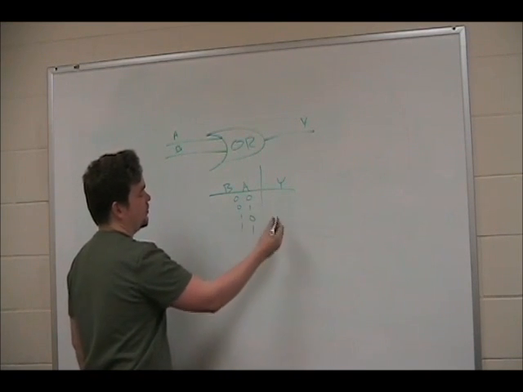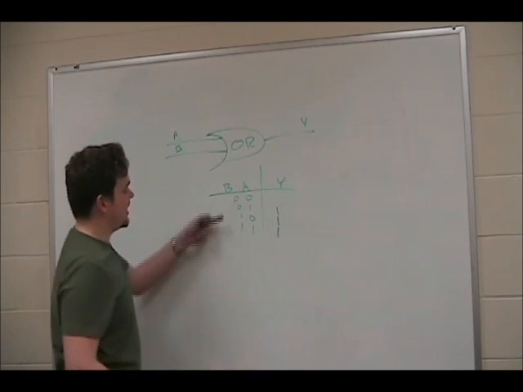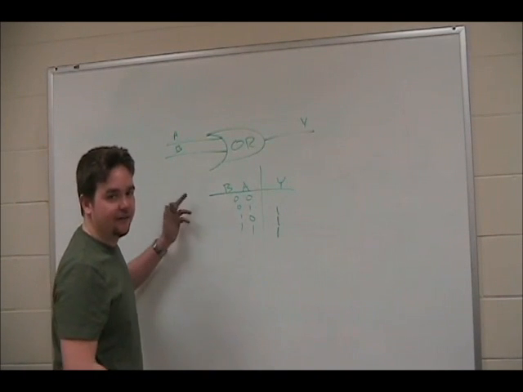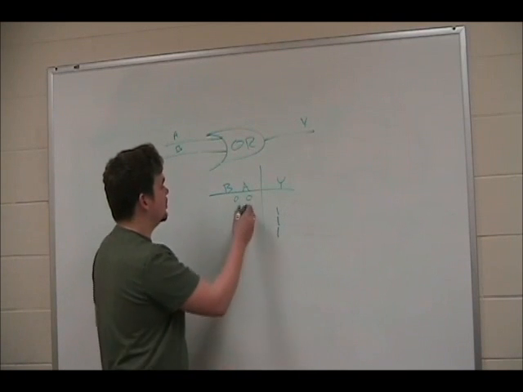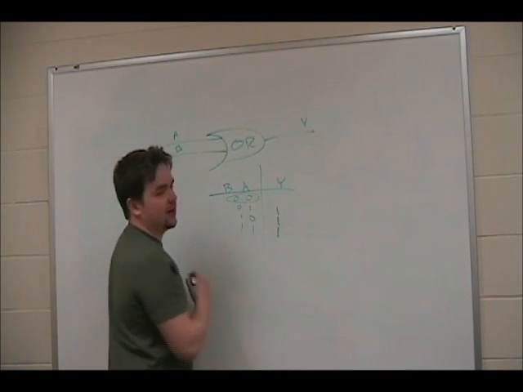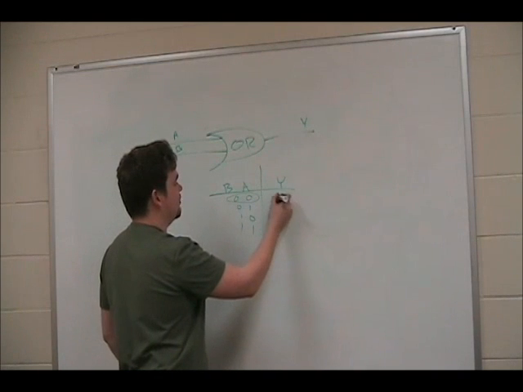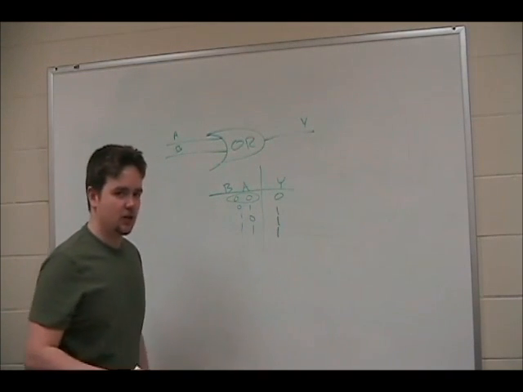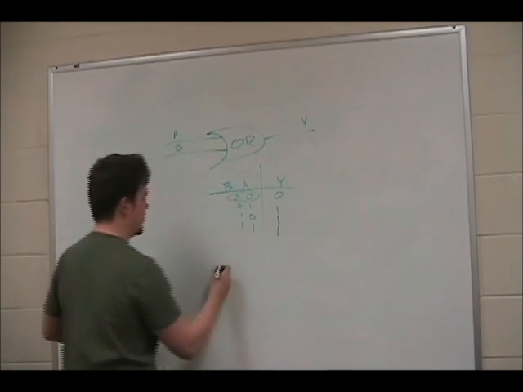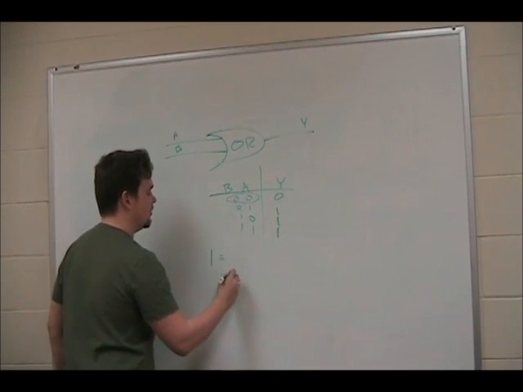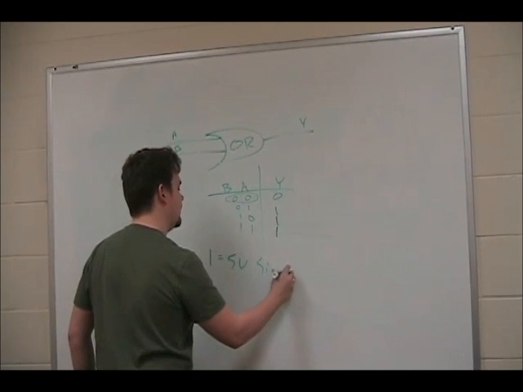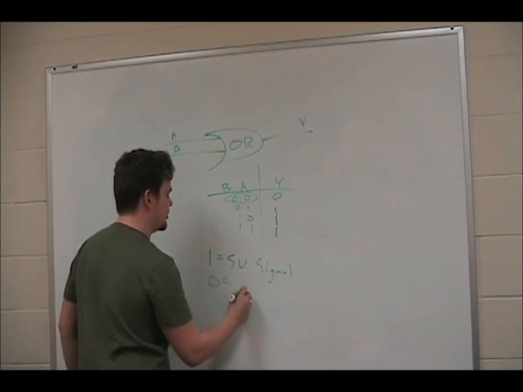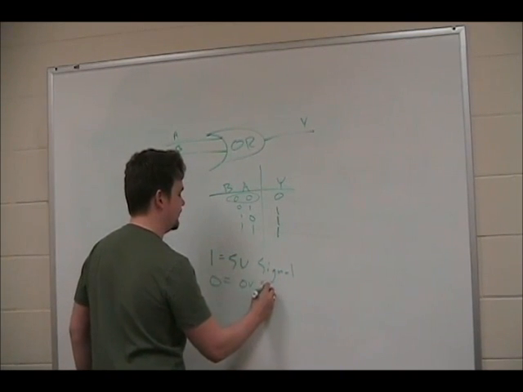If the other one is 1, any inputs that are high logic, 5 volts, then the output will equal 5 volts as well. Only when there are no inputs at 5 volts will the output equal 0. So you've got to keep in mind at all times that 1 equals a 5 volt signal, and 0 equals a 0 volt signal.